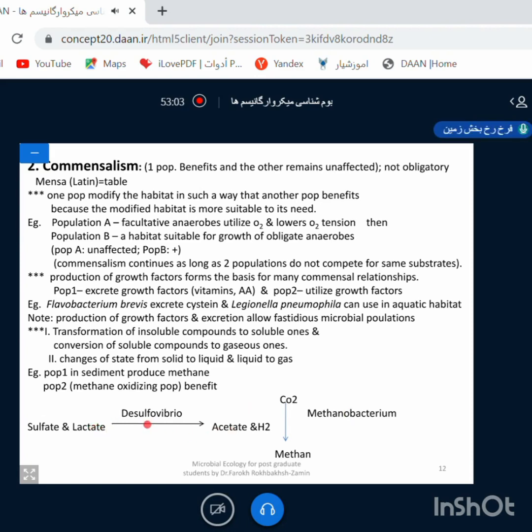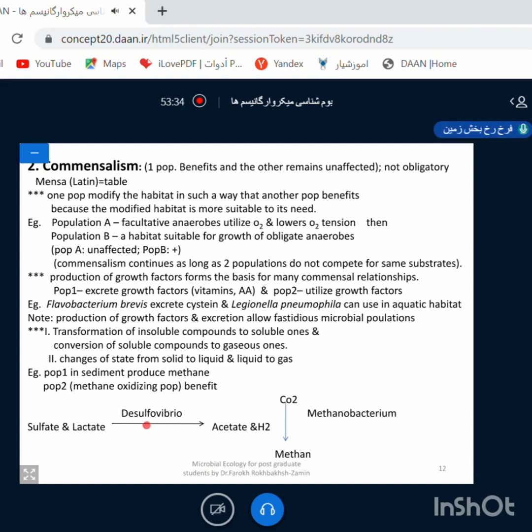So Desulfovibrio in interaction with methanobacterium is 0. That methanobacterium is very happy to be with Desulfovibrio to receive acetate and hydrogen, which in combination with carbon dioxide can produce methane.